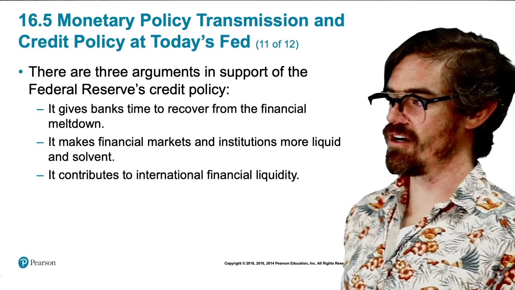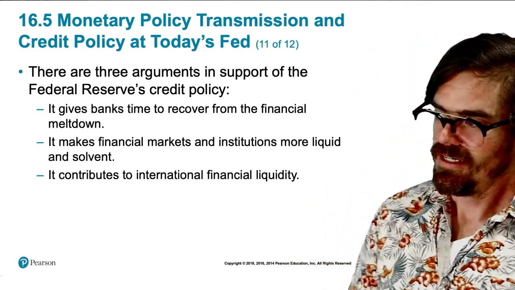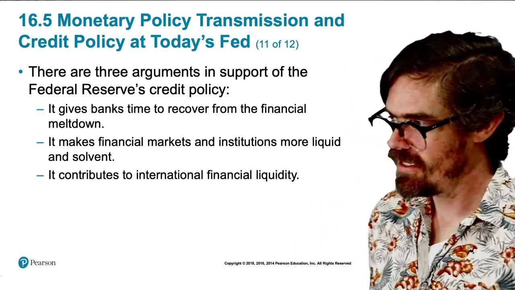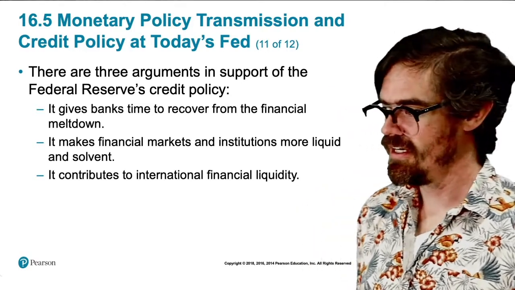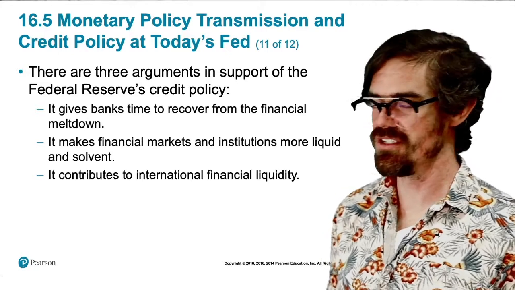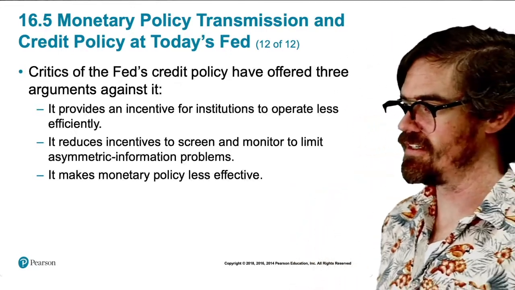Now, there are three arguments in support of the Federal Reserve's credit policy. It gives banks time to recover from financial meltdowns. It makes financial markets and institutions more liquid and solvent. And it contributes to international financial liquidity. So these are some reasons that people think this credit policy is a good idea.